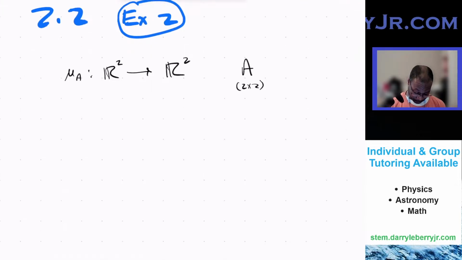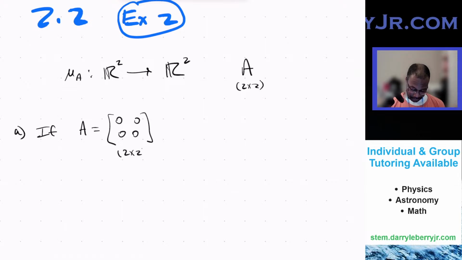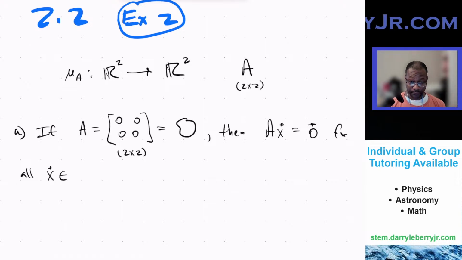So I know this is important. If you saw my video previously, this will be our hypothesis for our proof. If A equals 0, 0, 0, 0, which is the 0 matrix, then AX equals 0 for all X vectors in R2.